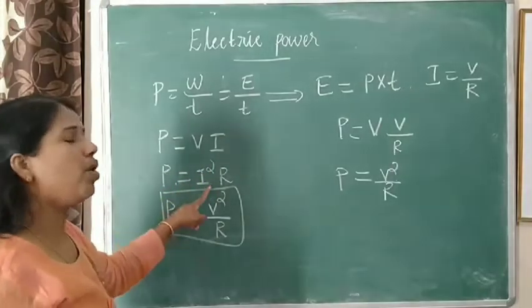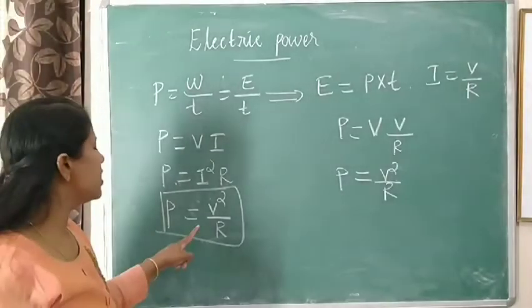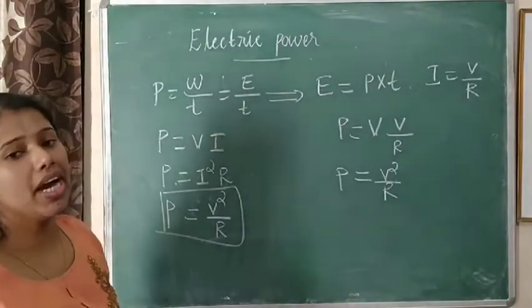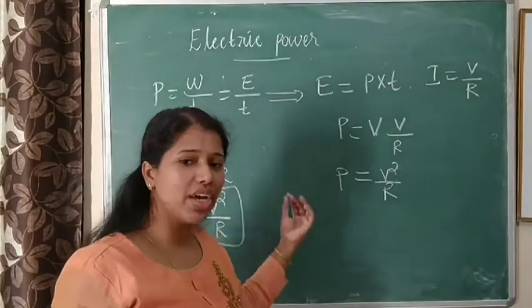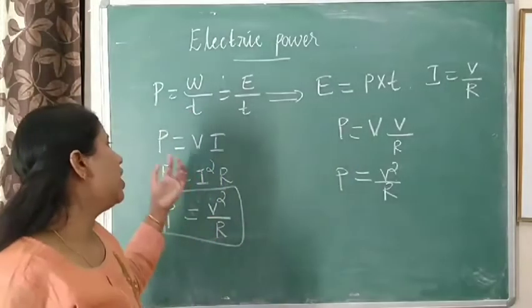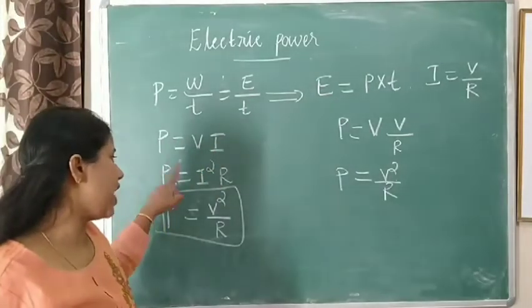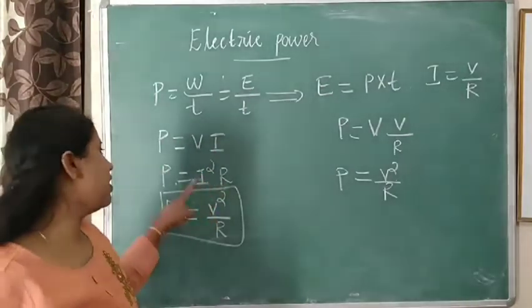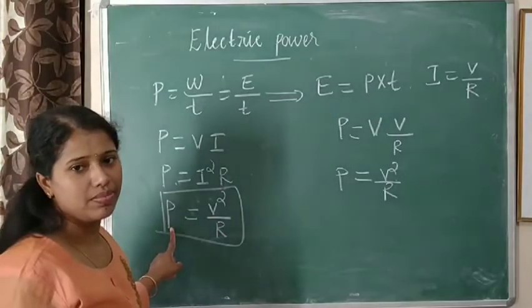P is equal to I square R, the third equation. Fourth is P is equal to V square by R. For numericals, these equations are very important. If V and I are given, we have to use this. If I and resistance are given, we have to use this. If V and R are given, you have to use this.